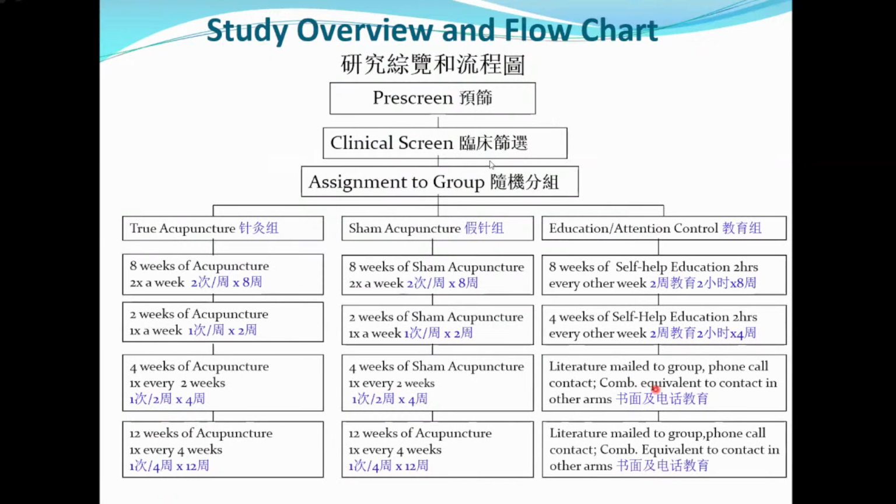This study has 3 groups: one is the acupuncture group, one is the sham acupuncture group as a placebo control group, and a third group for education and attention as the positive control. Because other studies show this also works, helping patients with exercise and diet control, they can have decreased pain in arthritis.